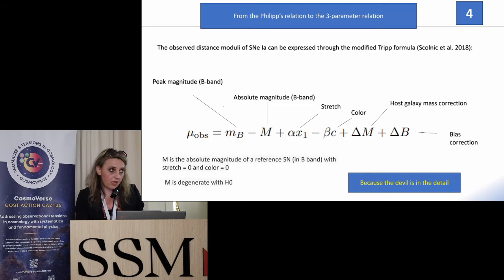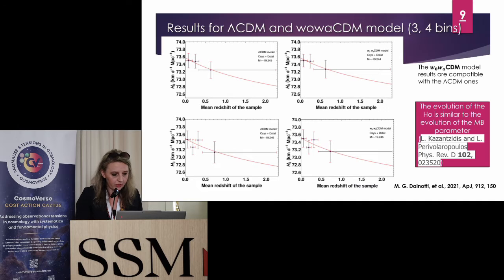This is a functional form, and we can use a similar functional form also for other probes, as we have seen for quasars, but we can also do this for GRBs. And I will show you later about that.